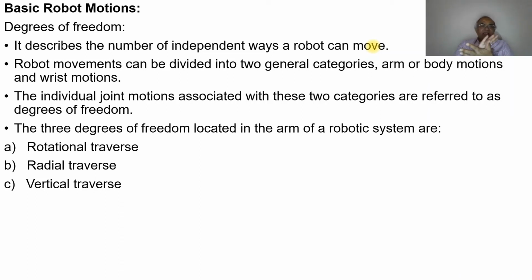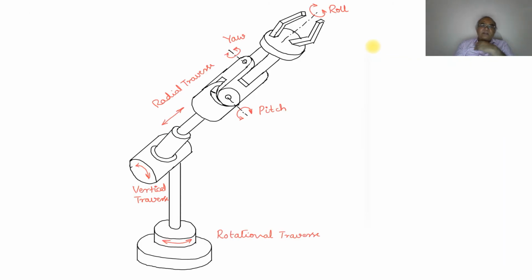The 3 degrees of freedom located in the arm of a robotic system are rotational traverse, radial traverse, and vertical traverse. The rotational traverse means it is rotating like this, so the entire part moves in this particular direction.